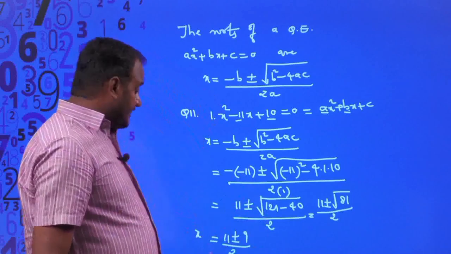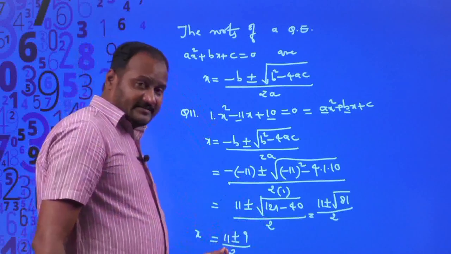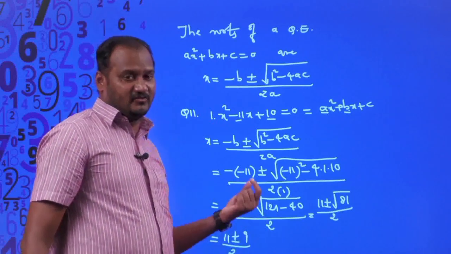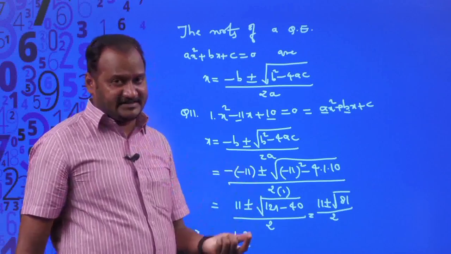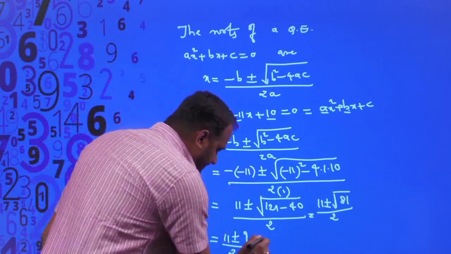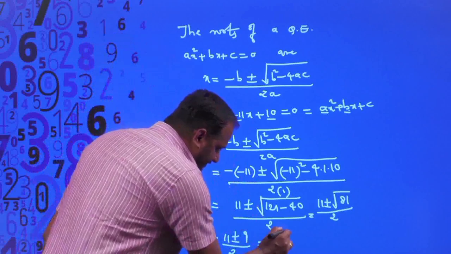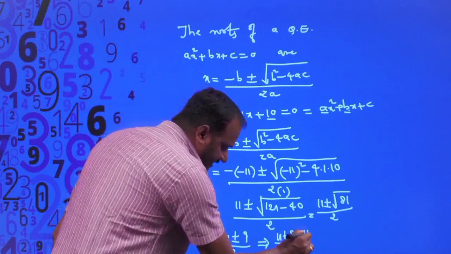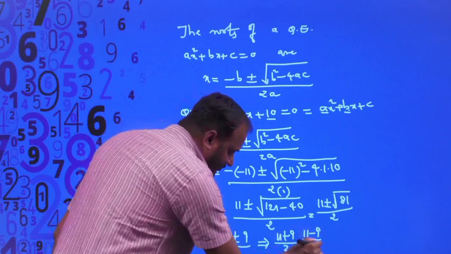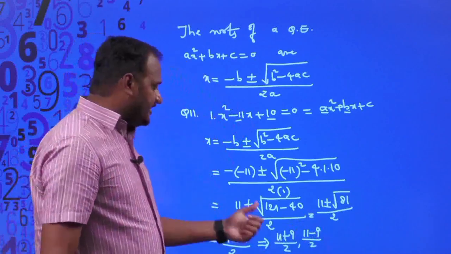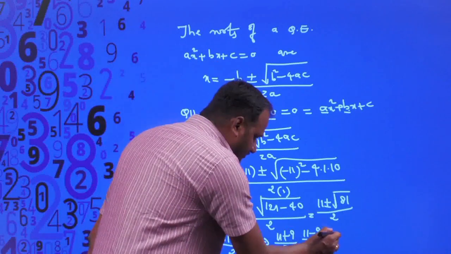But there are two values of x. By splitting this plus or minus, for getting one root you use plus, for getting the other root you use minus. So you can write it as 11 plus 9 divided by 2 is one root, and the second one is 11 minus 9 divided by 2. 11 plus 9 is equal to 20. 20 divided by 2 is equal to 10.